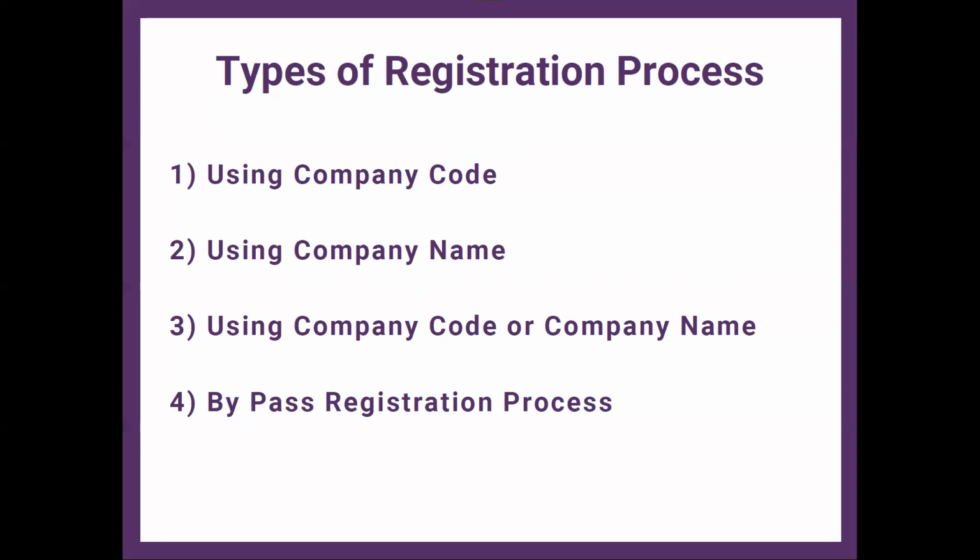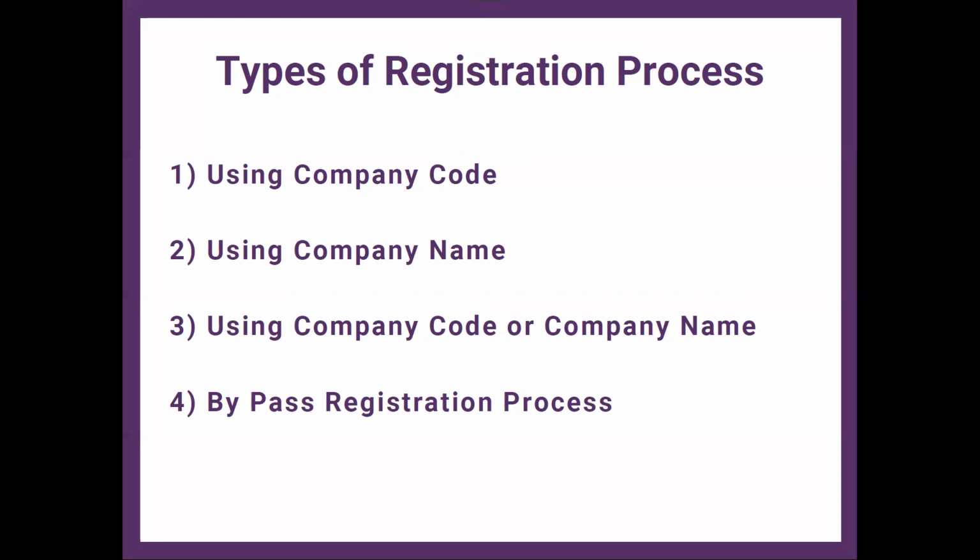Do you want to approve this user? So that's the whole process, and then the administrator approves that user, and then the user can log in to the system. So this is the second type, using the company name.